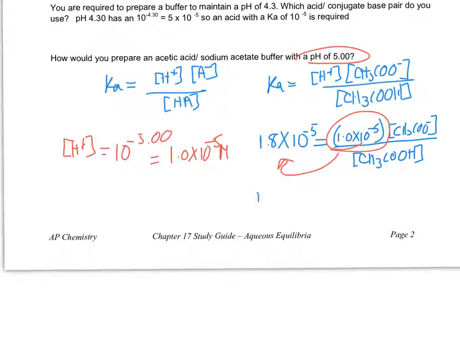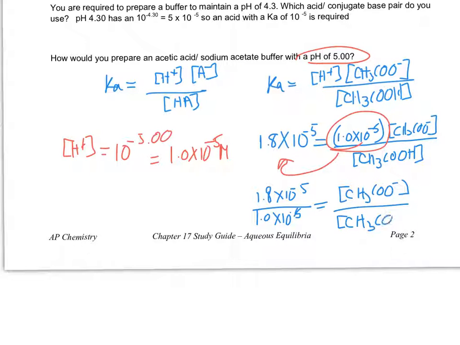That would be 1.8 times 10 to the negative fifth over 1.0 times 10 to the negative fifth is equal to the concentration of the acetate over the concentration of the acetic acid. If you divide that, that ends up being 1.8, right? Which is the same thing as 1.8 over 1.